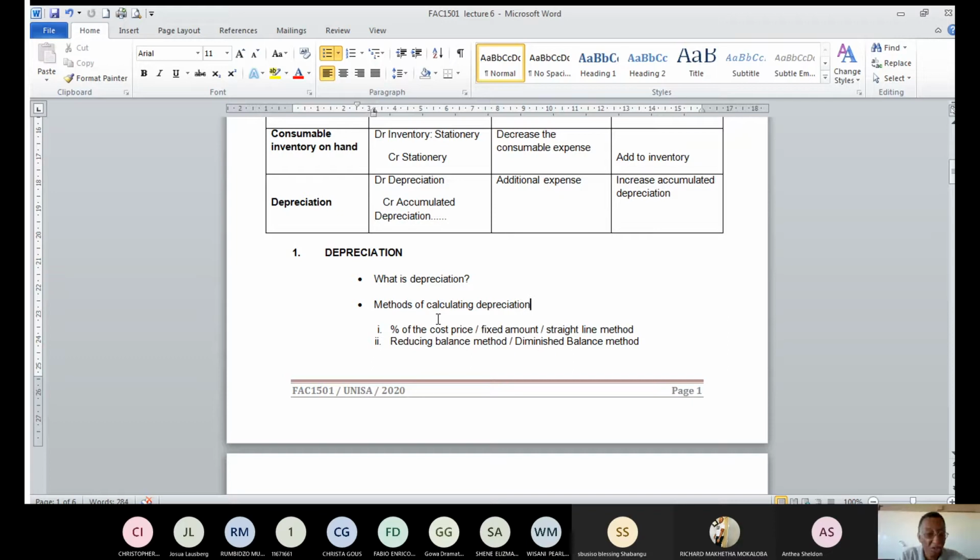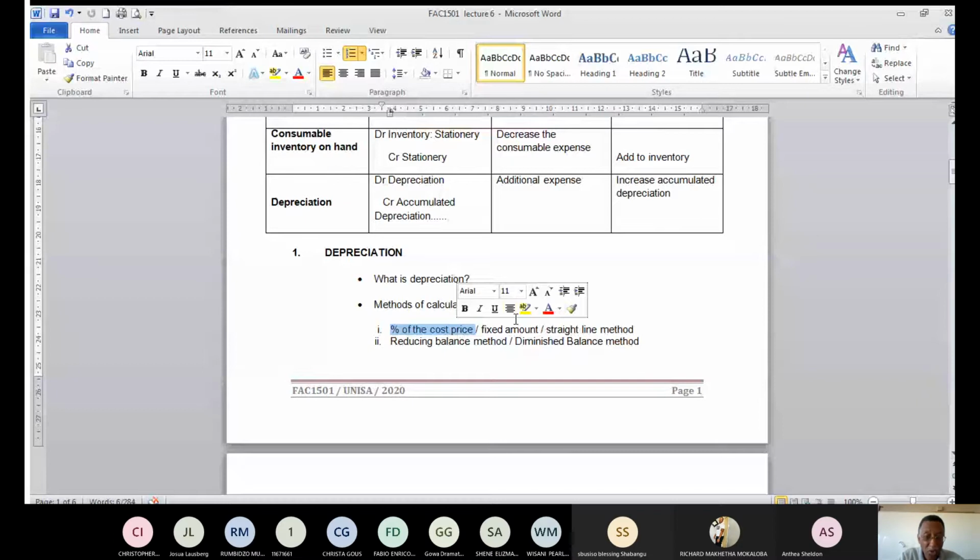The first method is called a percentage of the cost. So they will tell you what is the percentage on the cost price, 10% or 20%, and you take the percentage given in the question and you apply that to the cost price.